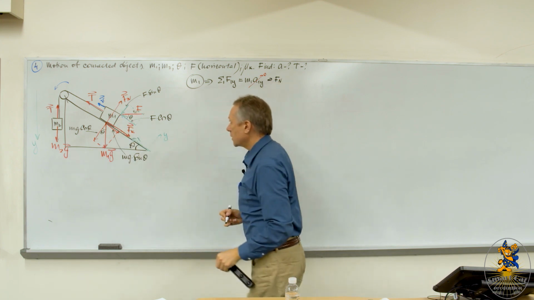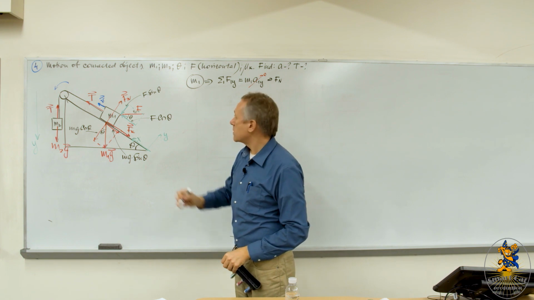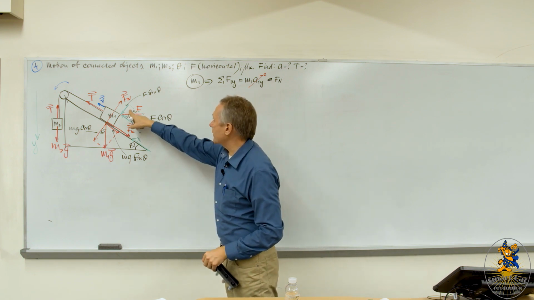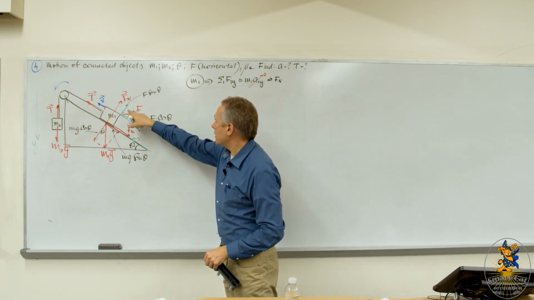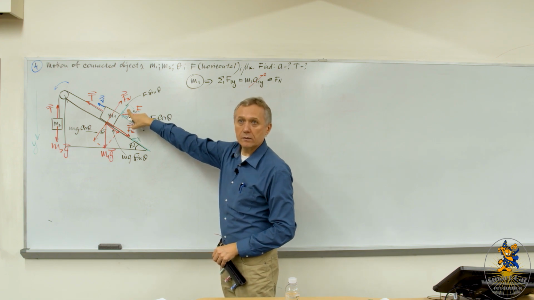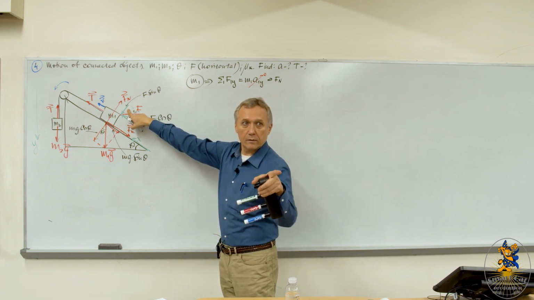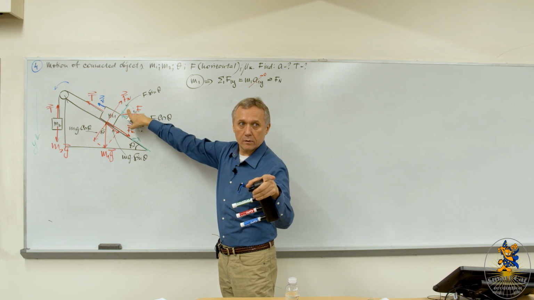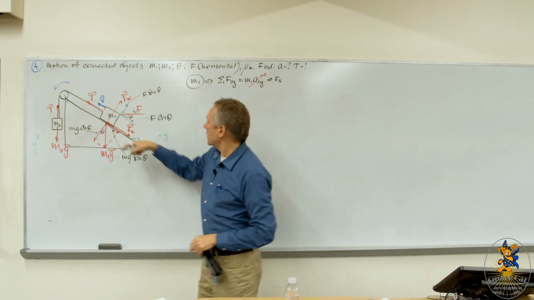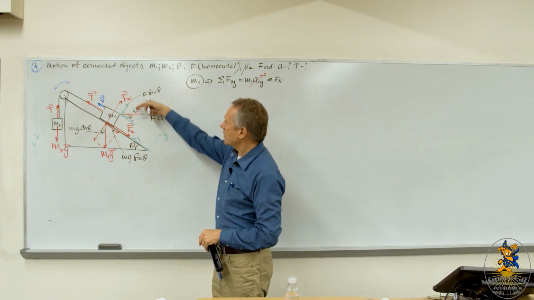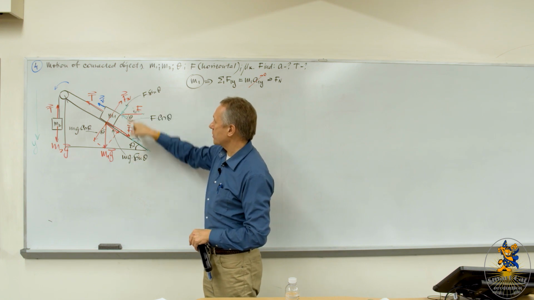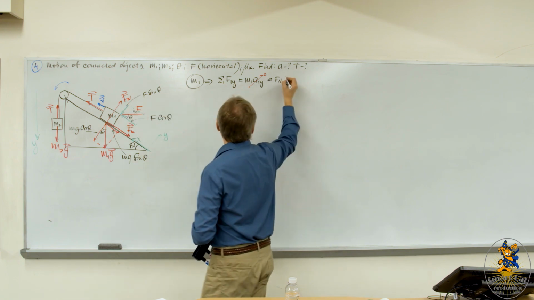Then, what else? One of these green forces, this one, F sine, negative. You see, the y direction is that way, but this component is in the opposite direction. So this component is negative.